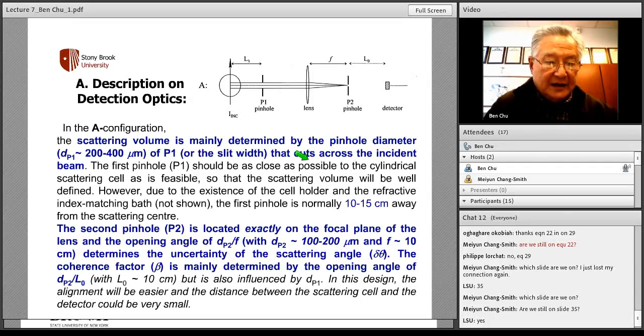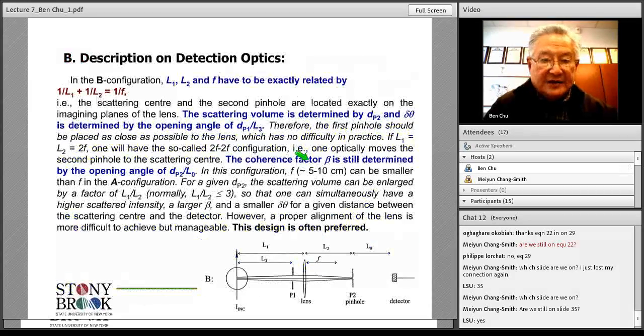Now, in the second configuration, as I've already spent enough time on that, you have the reverse case. In this particular case, the relationships will be different. But that also determines what kind of lens, what focal length lens you want to use, and what the implications are.